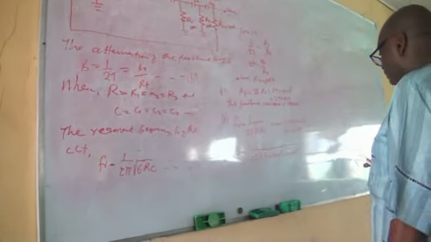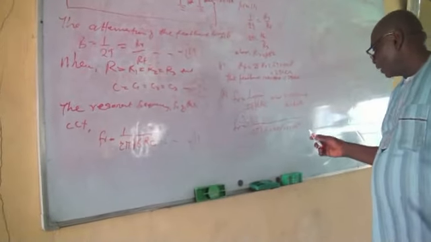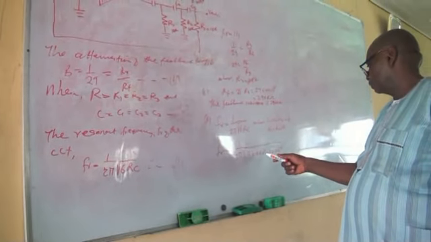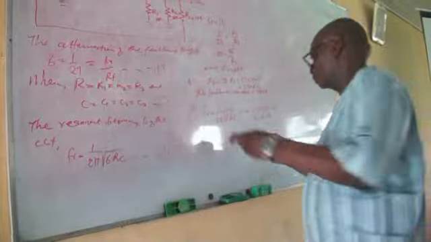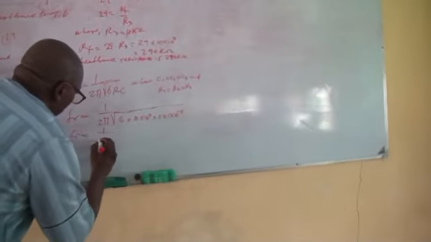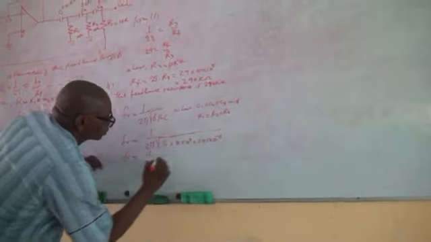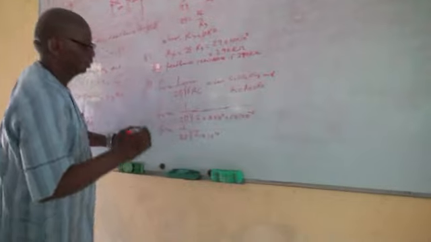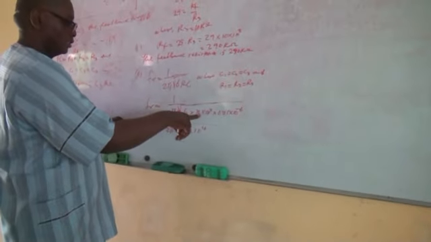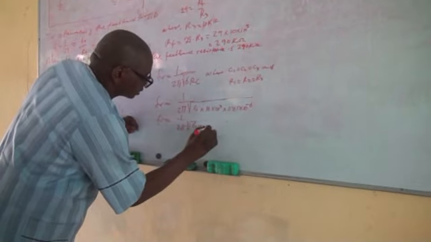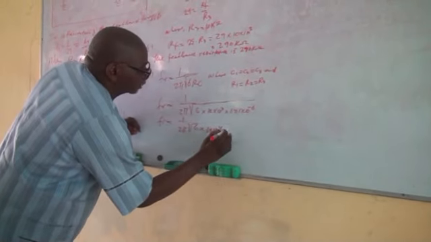So when you have that, this is 10 raised to 4 already here, and this will be 10 raised to minus 1. Let us put it in a way that will be easy for us: 2 pi root 6 times 10 raised to 4, because you are taking this 0 out. Or you can make it 1 times 10 raised to 4, if you want to make it easy for you.